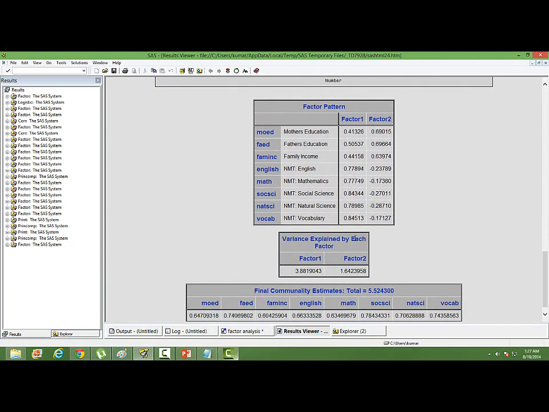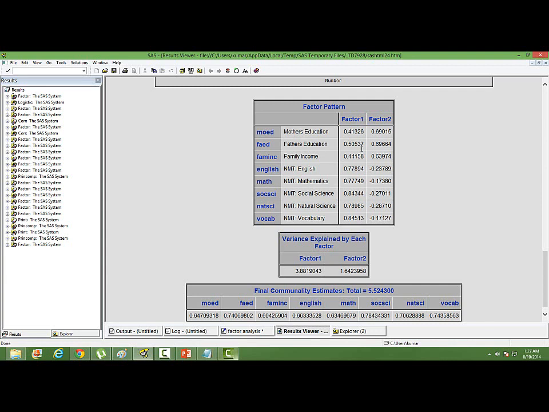Look at the factor pattern. Again, the word factor is used. You just need to read it as component pattern. There are 2 components, component 1 and component 2. If you have gone through the video on exploratory factor analysis, you can use the same methodology to find out the grouping of variables.